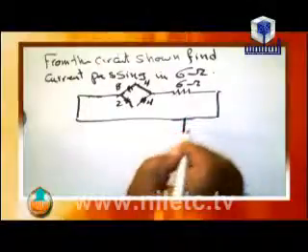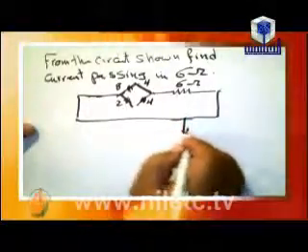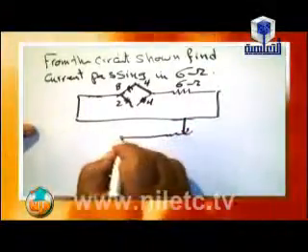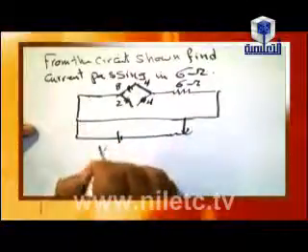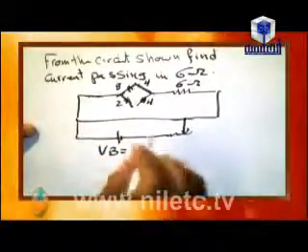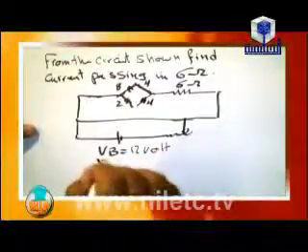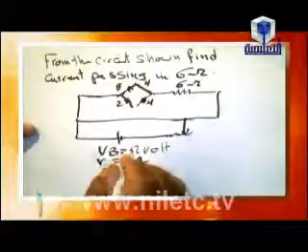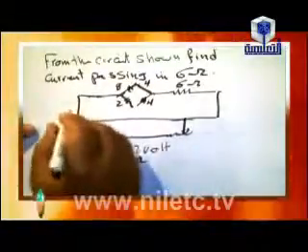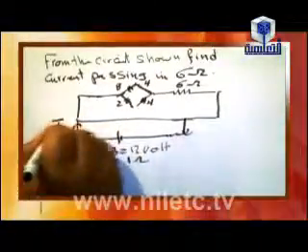We find that the battery is connected to a rheostat, and VB equals 12 volt and r equals 1 ohm. We notice that the current passing equals 1 ampere.